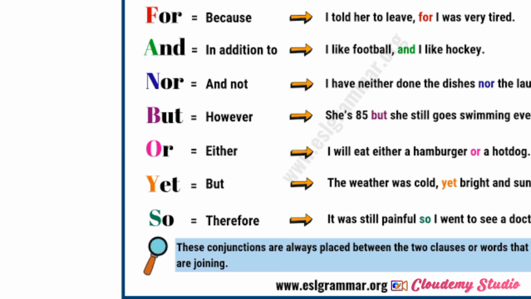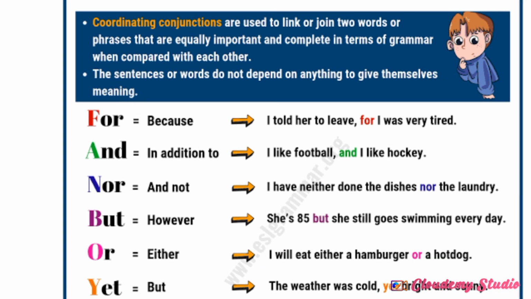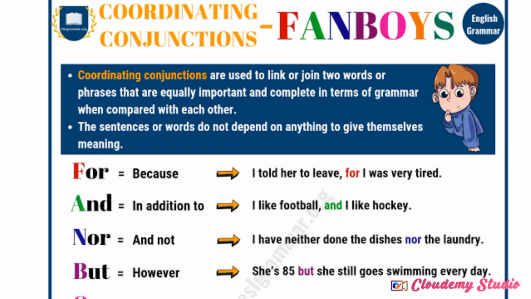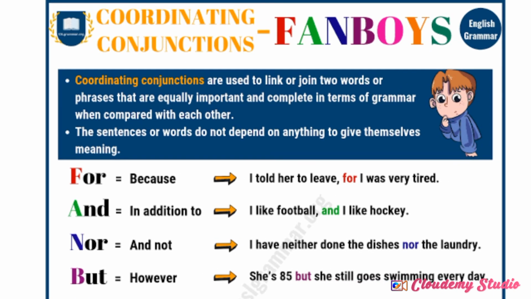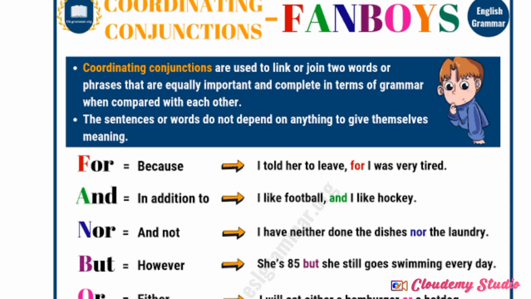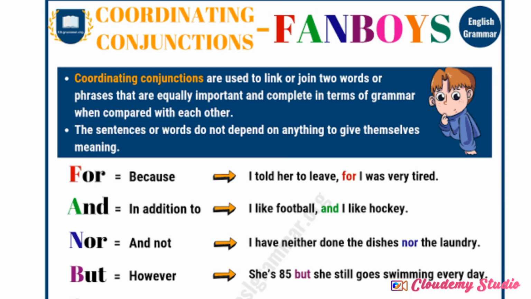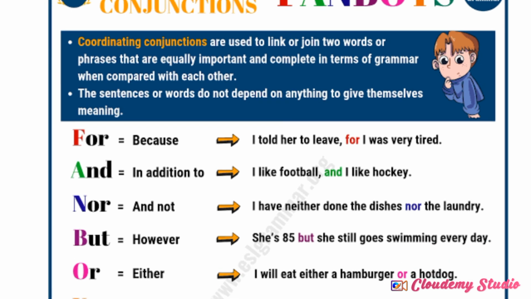These FANBOYS are coordinating conjunctions. They are used to link or join two words or phrases that are equally important and complete in terms of grammar. The sentence or word does not depend on anything to give itself a meaning.